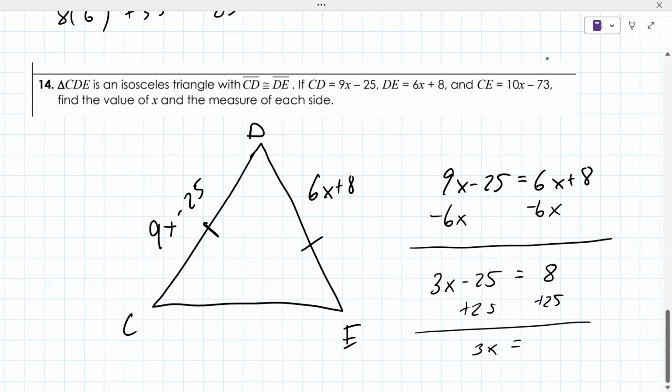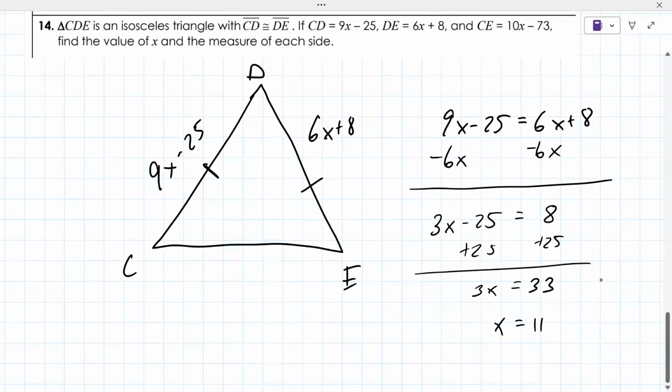What does that become on the right? 33. And then how do you solve for x? You divide that by 3, which would be x is 11. Good. So now you've got to put that 11 back into both of these equations.